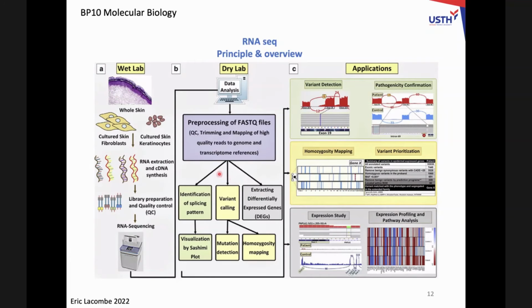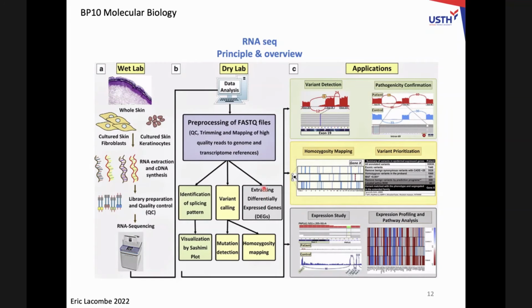What I want to show you is what can be done with all this data. This is the whole bioinformatic process. From all this data, we can extract the differentially expressed genes. We call them DEGs.